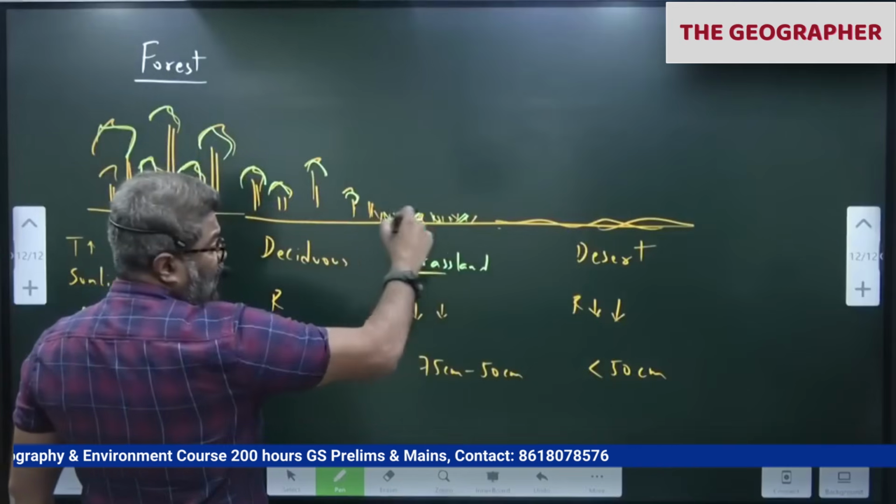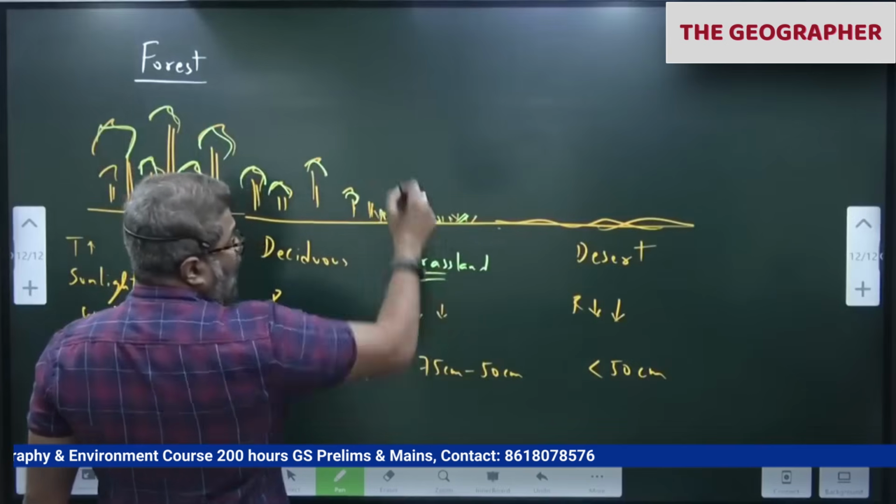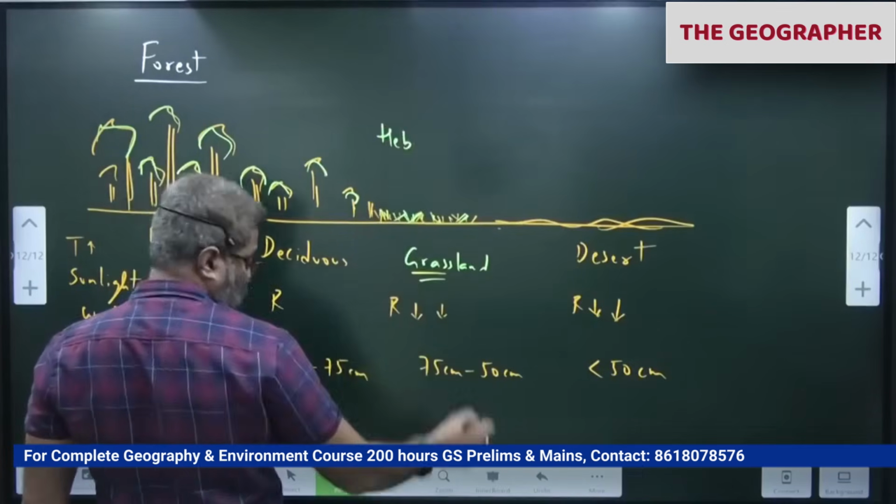Grasslands are vast stretches of land with herbaceous vegetation. Grasses are basically herbs.